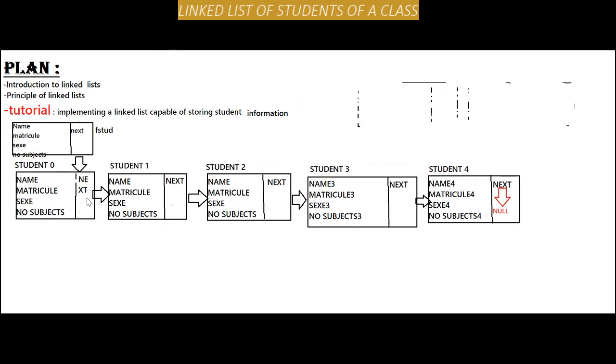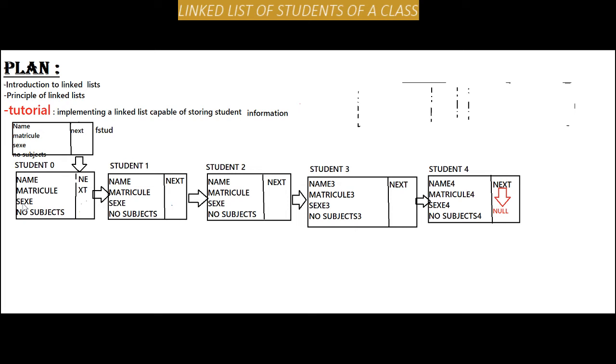As we can see here, let us consider student 0. Student 0 contains a name, matricule, sex and number of subjects. Name, matricule and sex are all characters. As I said earlier, it can contain variable or multiple data types, so it is not obliged to contain only integers or characters or strings.